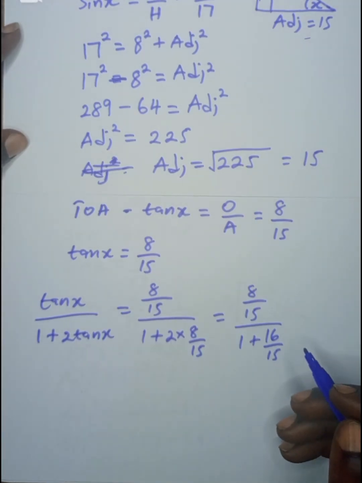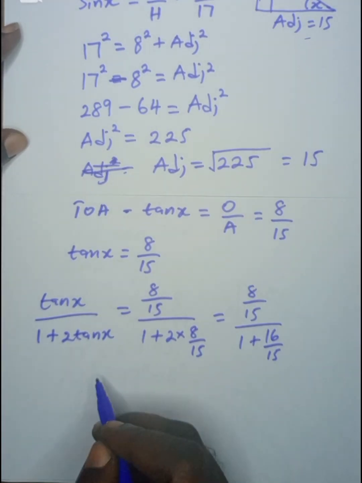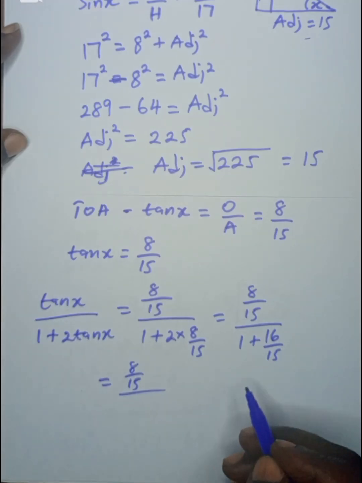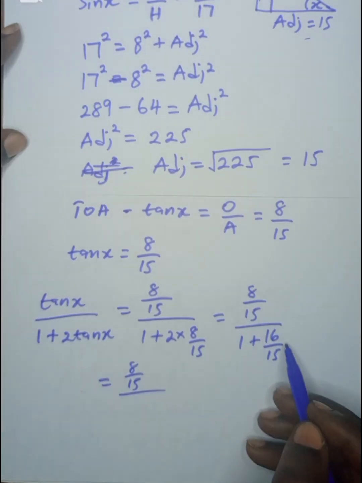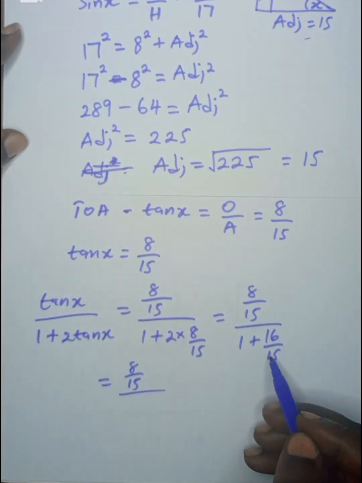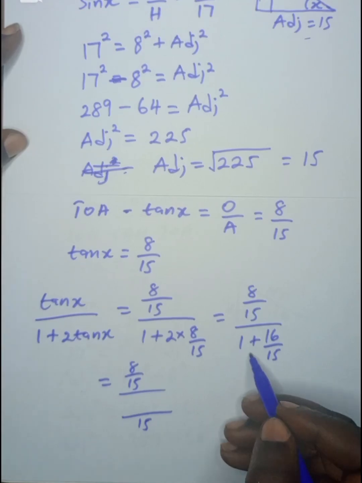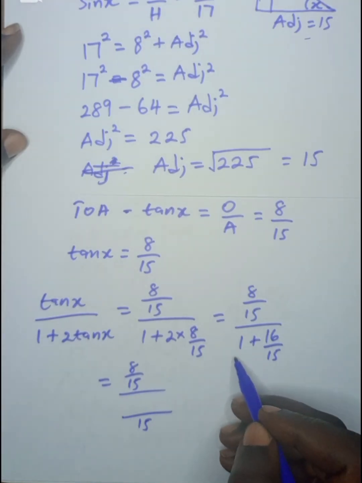Now let us do the simplification. So we have 8 over 15 all dividing. Now for us to simplify 1 plus 16 over 15, we have to find the LCM, which is 15. You see that every whole number is over 1, so 1 is over 1.